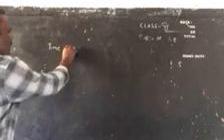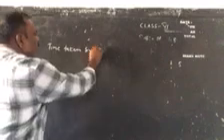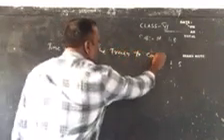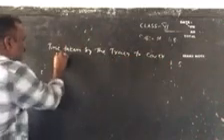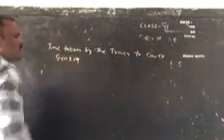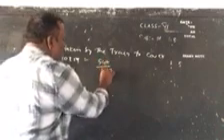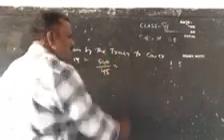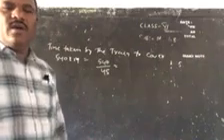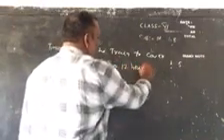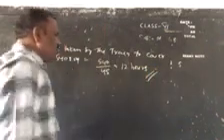Simple, children. The time taken by the train to cover 540 kilometers equals 540 by 45. We calculate and get the answer, 12 hours.